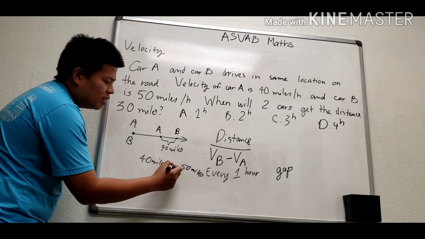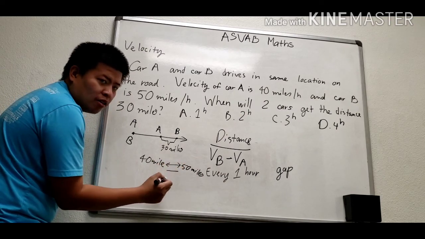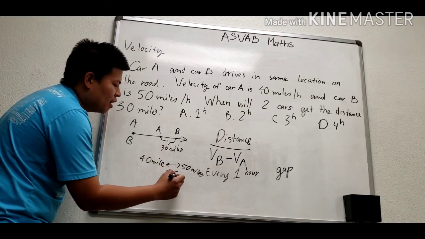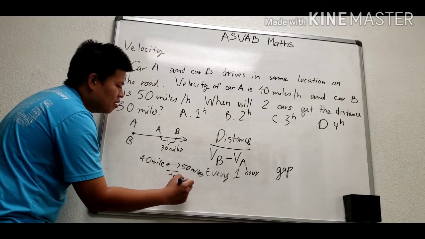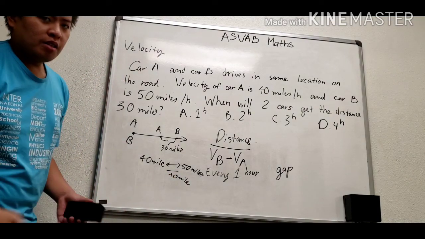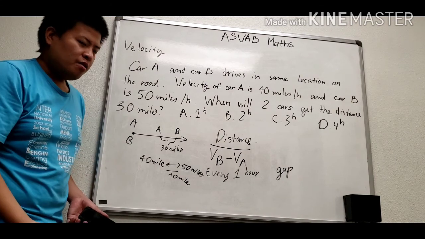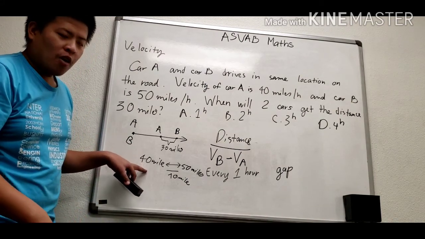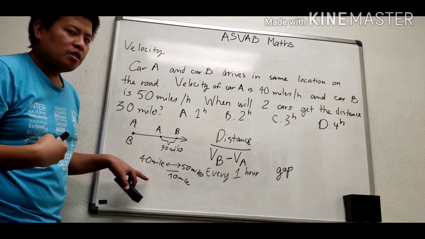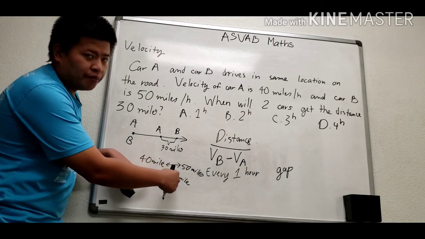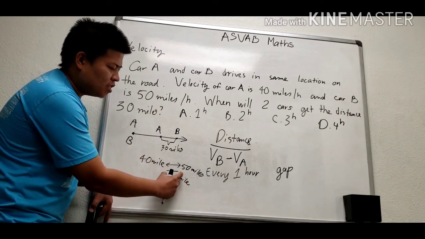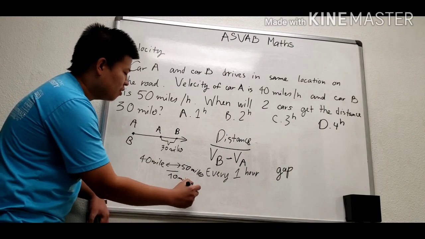So the distance every 1 hour is about 10 miles. Just suppose that one person rides faster than you, and you ride slower than that person, they will create a gap. That's the distance in 1 hour.